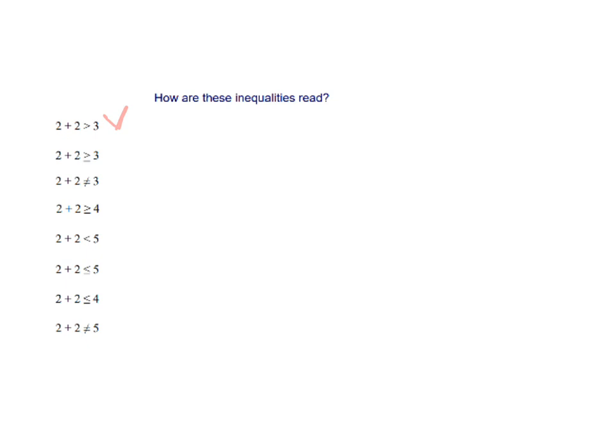Now, some students say, I get confused with greater than and less than. I have a hard time thinking about that. One trick to minimize this is to see which one you can write the word less with.